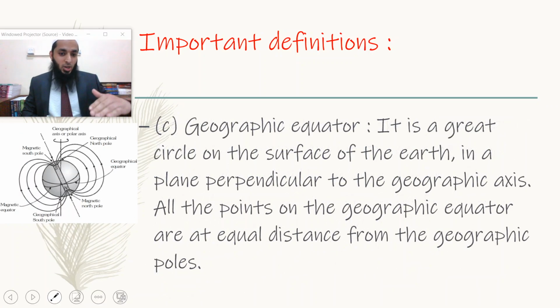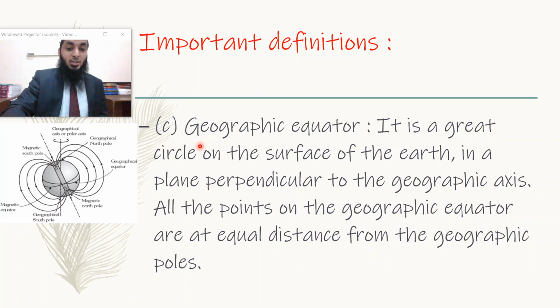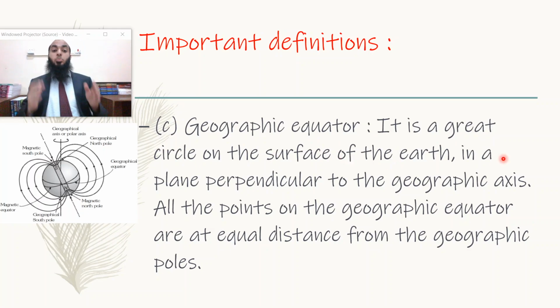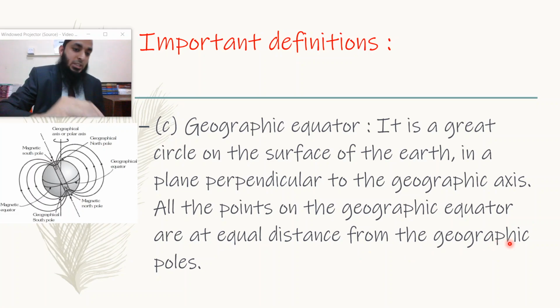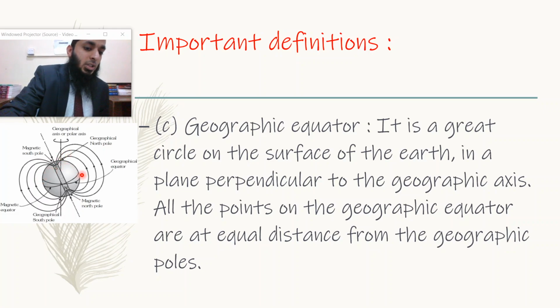So let's go to the geographic equator. We have already discussed this, so let's rush through it. Geographic equator is the great circle on the surface of the earth in a plane perpendicular to the geographic axis. All the points on the geographic equator are at equal distance from the geographic poles. If this is the geographic pole, the distance to this point, all are equal.